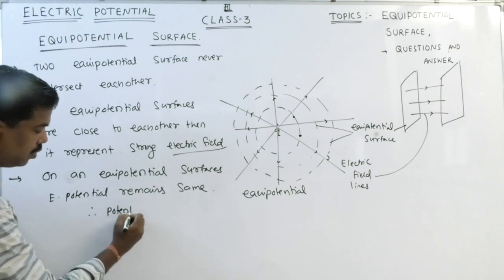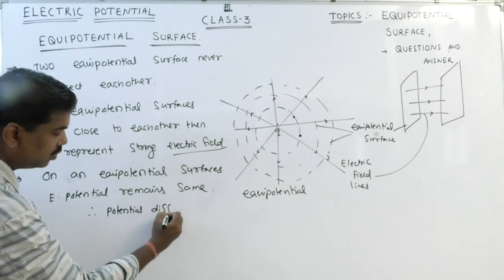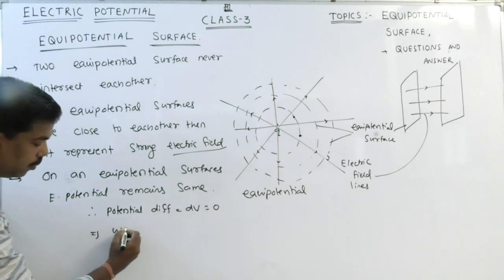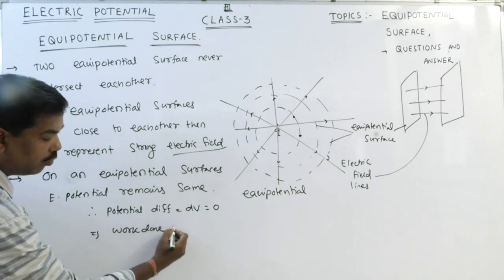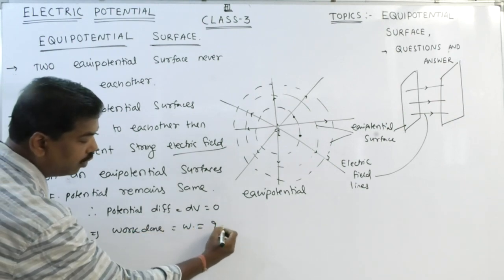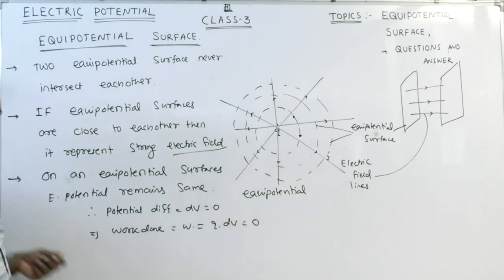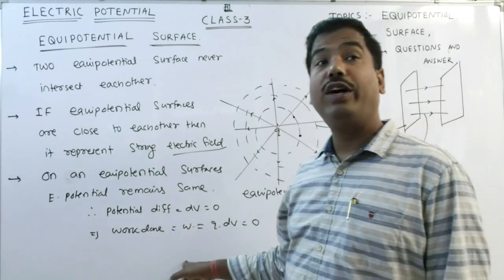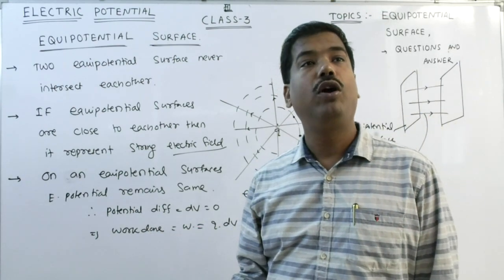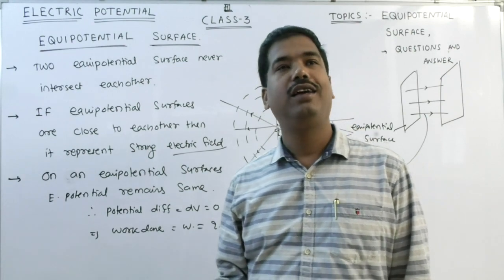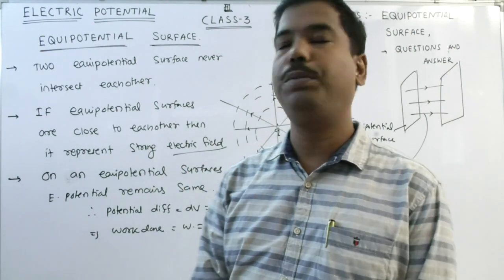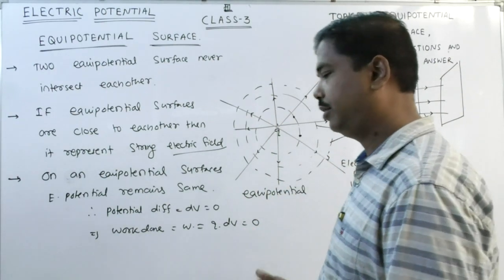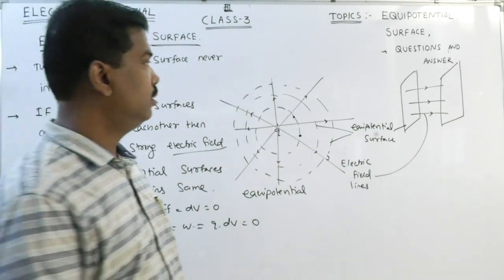Therefore, potential difference dV = 0, which implies work done W = Q dV = 0. Hence, no work is done if a charge moves on an equipotential surface. Clear? Next.